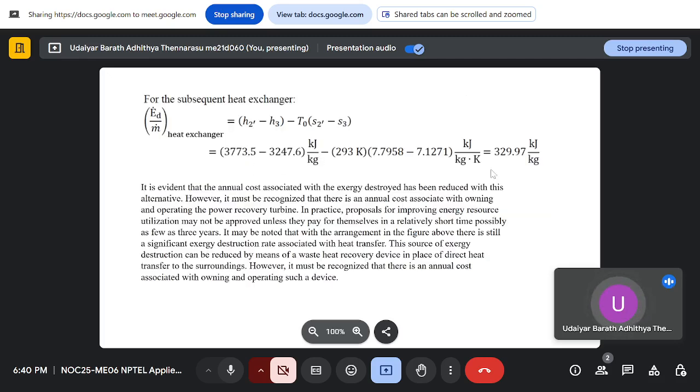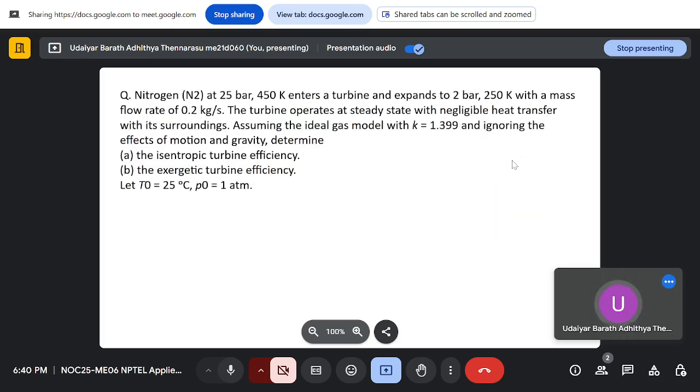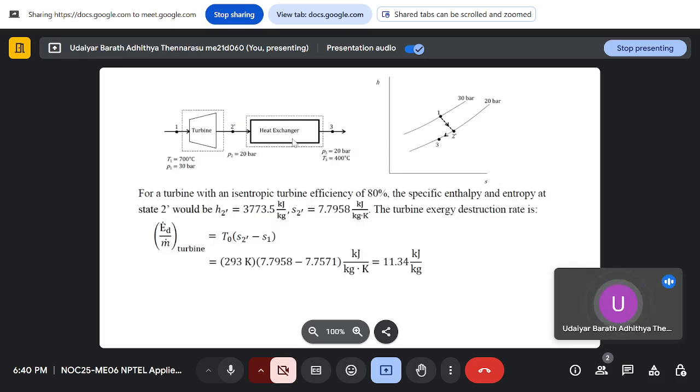And how can we improve it more? It depends upon the temperature. So here if you see, in the heat exchanger where you are rejecting heat, the minimum temperature is 400 degrees Celsius, but your inlet temperature is much higher than 400 degrees Celsius. So if you run a heat engine coupled with the heat exchanger, and do not reject heat directly to the ambient, you will develop some more work.